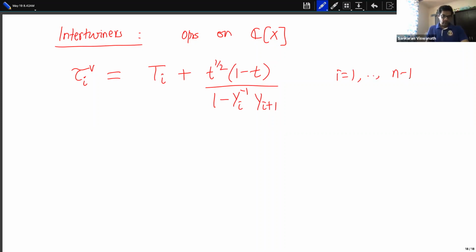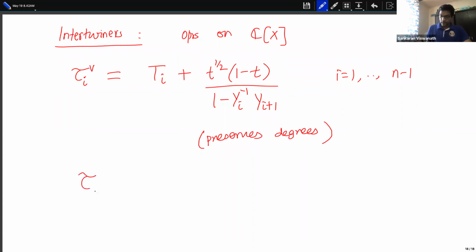The point I wanted to make here was that in some sense the intertwiners themselves only involve operators from the affine Hecke algebra. So they only involve the Ti's and the Yi's, in other words, the Ti's and the g's. So these again have the same property that we talked about, that the action of tau i check preserves degree, for example, because it really comes only from the AHA portion.